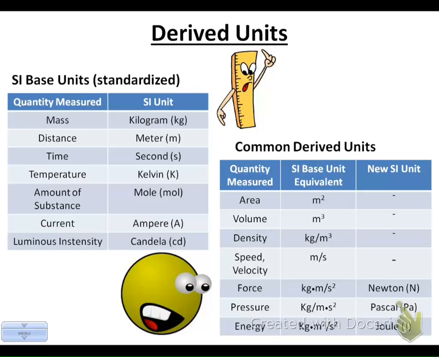For math class, everyone knows that to find area, you multiply a length times the width. Now, if you were measuring the length and the width of something, in metric, it would be meters for length and meters for width, so that when you do the math, it comes out to be a meter squared.